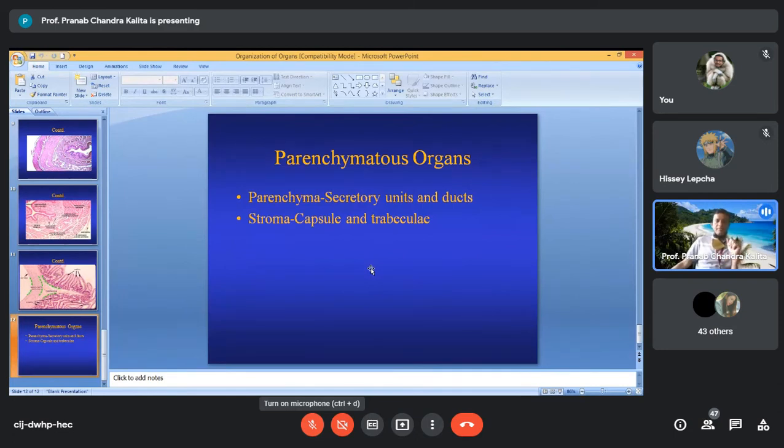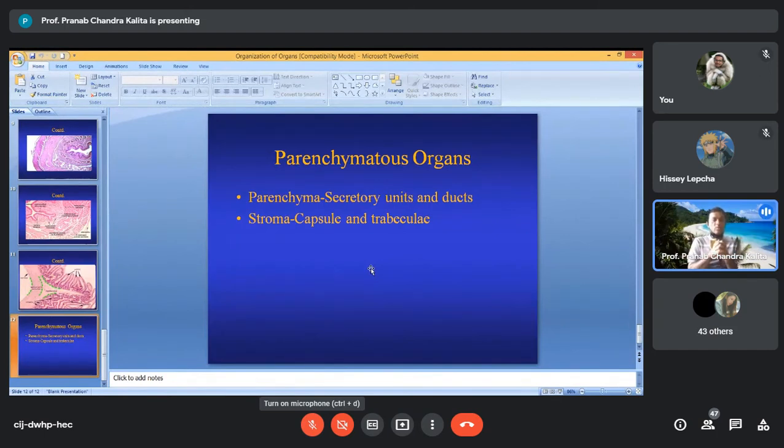Parenchyma means inside the glands, the secretory units or secretory cells you will find, or the different ducts you will find. These secretory units and the ducts will be termed as the parenchyma. And stroma means this gland is supported or covered with certain connective tissue structures, and that will be called the stroma.